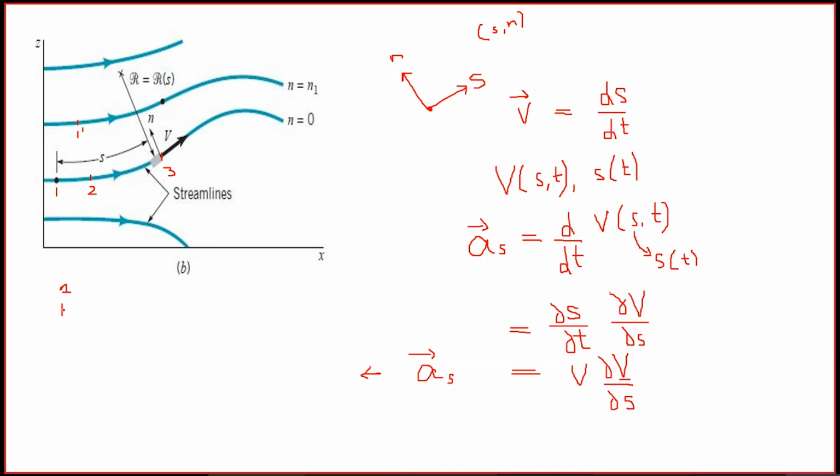There will be no change in direction as well as magnitude, right? So it will be moving in a straight path. Clear? Yes, sir. So the flow pattern should look like these straight lines for AS equal to 0. Clear? Yes.